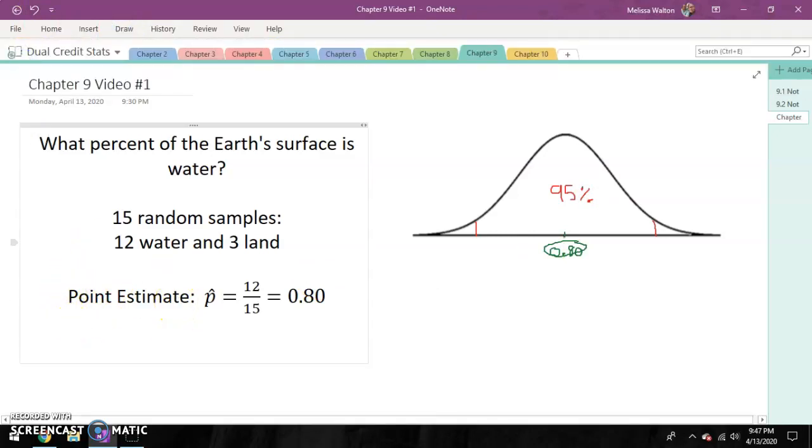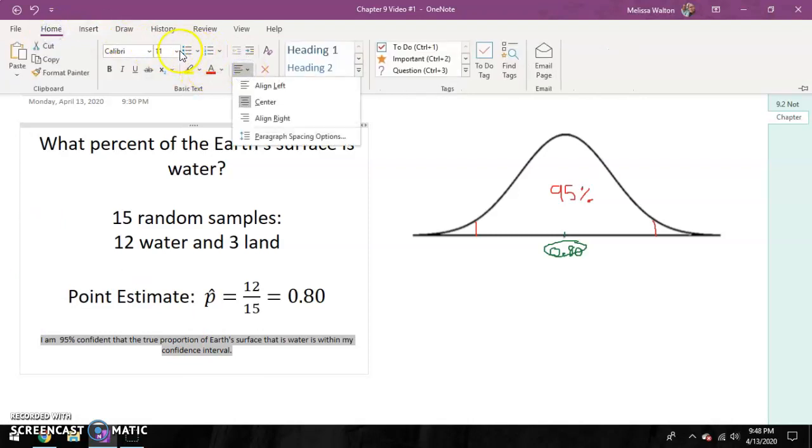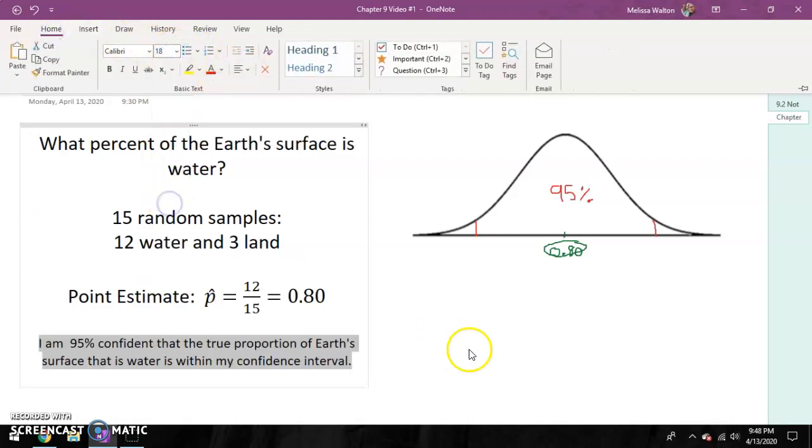This means that I, the reporter, am 95% confident that the true proportion of Earth's surface that is water is within my confidence interval. So I'm 95% confident that that true value is going to be somewhere in there.